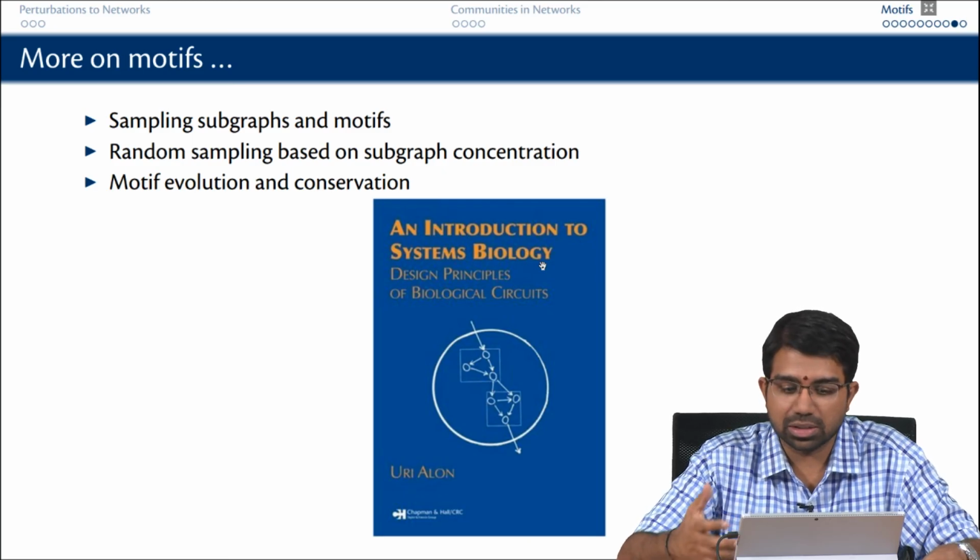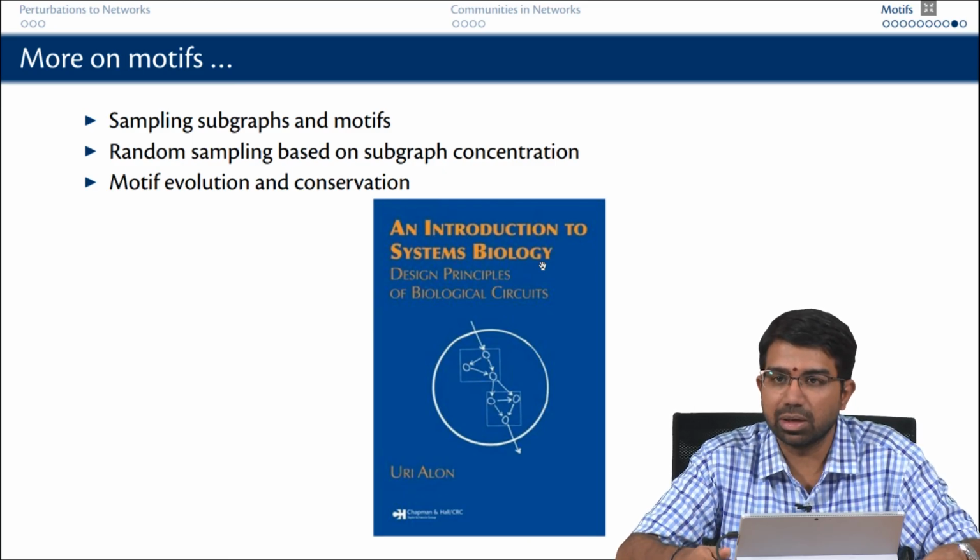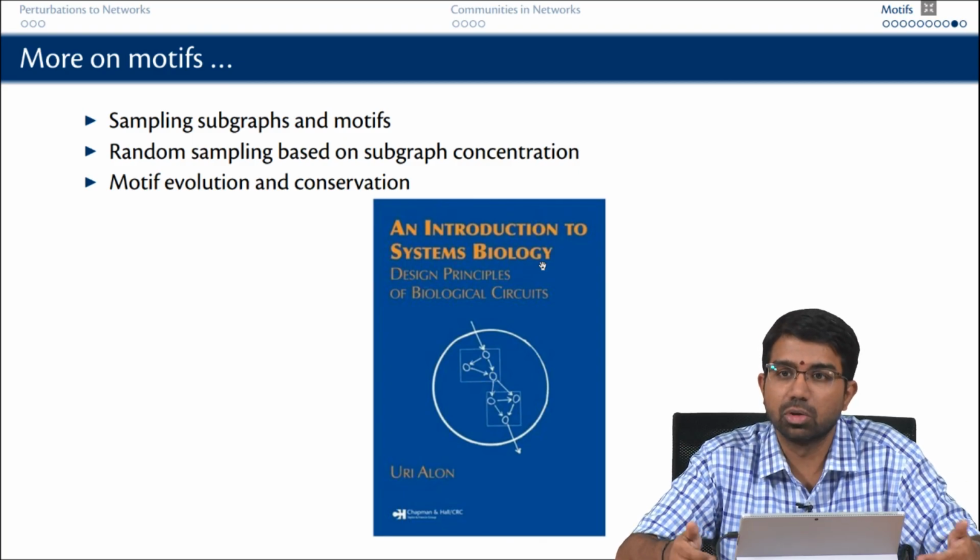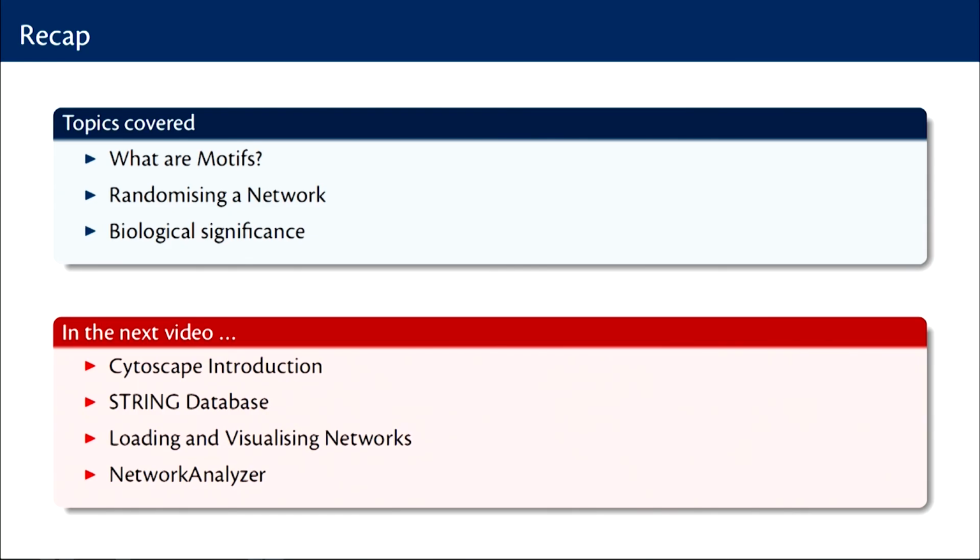So Uri Alon has this very classic textbook on systems biology which covers a lot of information on motifs and networks. So I hope you got a good glimpse of what motifs are, some concepts related to randomization, statistical hypothesis testing in terms of identifying motifs in a network, as well as how these motifs are embedded in biological networks.